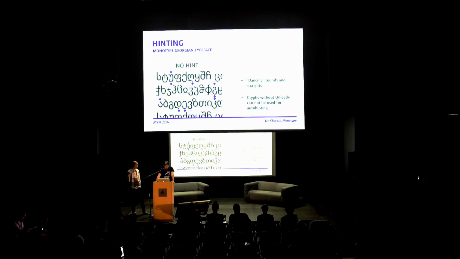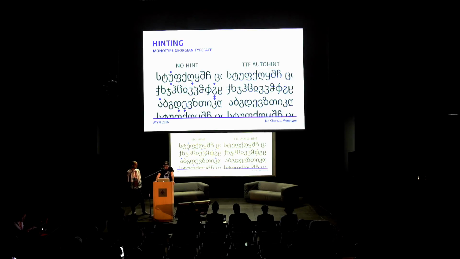And the main thing is that you cannot properly hint uppercase without Unicode, because the auto-hinter cannot find the uppercase, cannot find the key glyphs. Luckily, Akaki asked Werner Lemberg, and thanks to him, now TTFAutohint supports Georgian, which makes auto-hinting much better and easier for everybody. So thanks to Werner, this works.